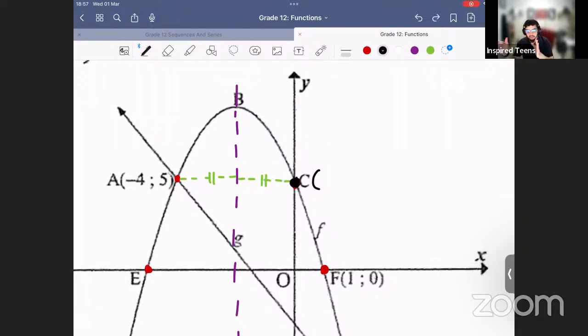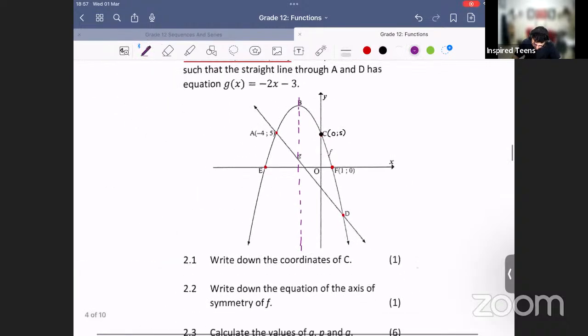It hasn't moved left or right, so its x coordinate is 0. Why is it 5? Remember we discussed that on a horizontal line, the y coordinate remains constant. So C's coordinates are 0 and 5.